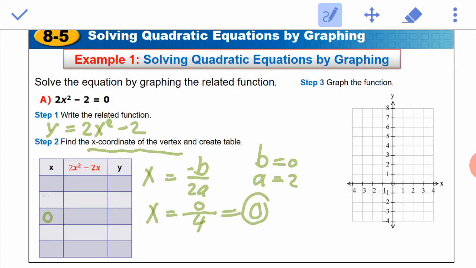We choose 2 values before 0 and 2 values greater than 0. So 2 values less than 0 are -1 and -2. 2 values greater than 0 are 1 and 2.